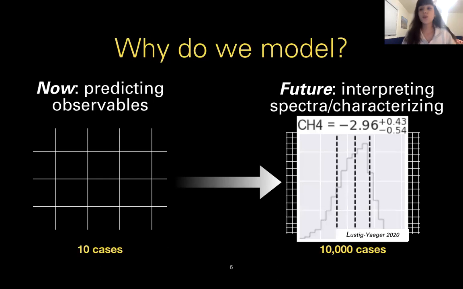For example, here's one square from a colleague's retrieval corner plot. The retrieved methane distribution here is pretty statistically normal, showing a clear set of preferred values. So he was able to retrieve the mixing ratio of methane in this atmosphere with relative precision. But to get that nice distribution, he had to try mixing ratios of methane ranging from 2 times 10 to the minus 5 to 3 times 10 to the minus 2 moles per mole.